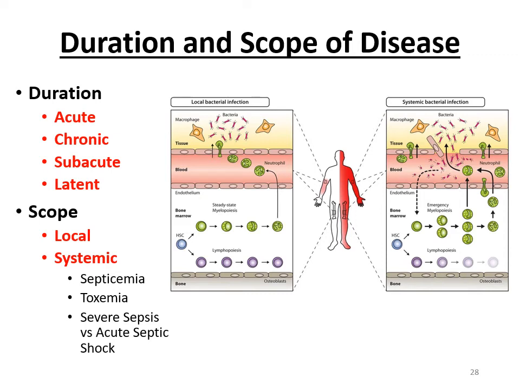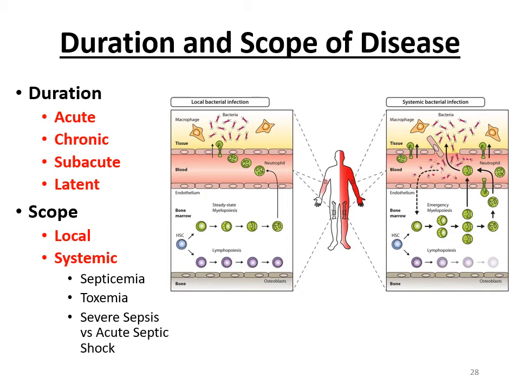We usually call that spot the focus of infection. For instance, if you get a splinter in your finger, and that one spot is red, swelling up, painful, that would be a local infection.